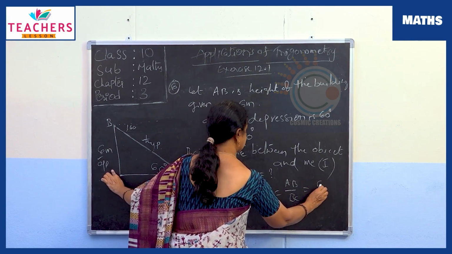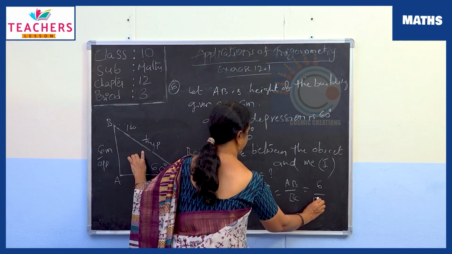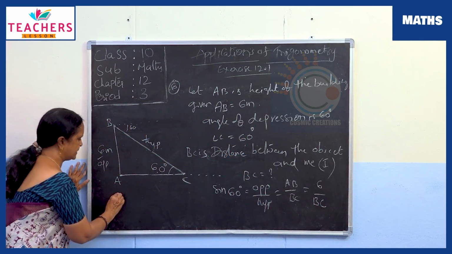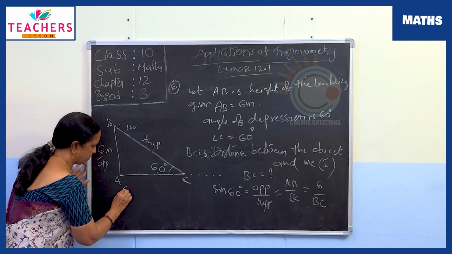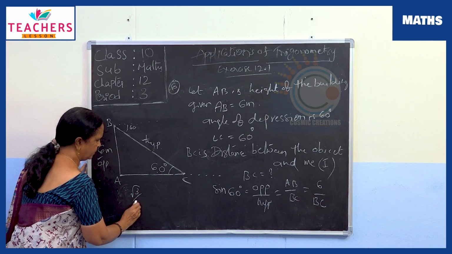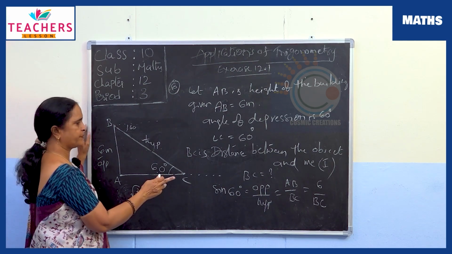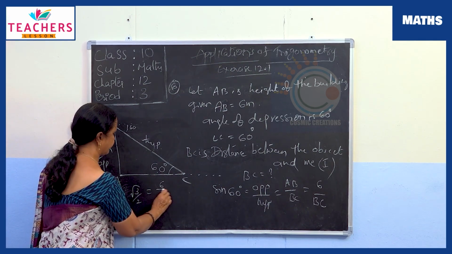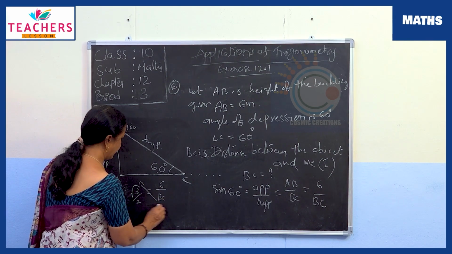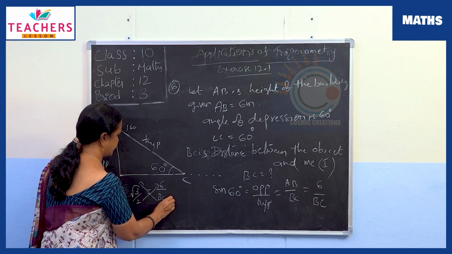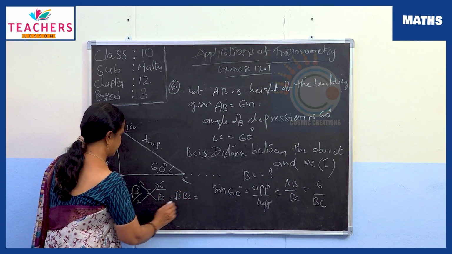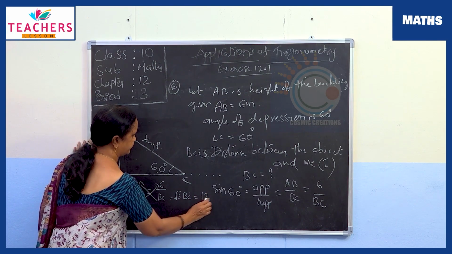AB is 6. 6 by BC, we don't know. We need to find BC itself. Sine 60 value is root 3 by 2. Root 3 by 2 is equal to 6 by BC. BC goes this side. Root 3 BC is equal to 12.